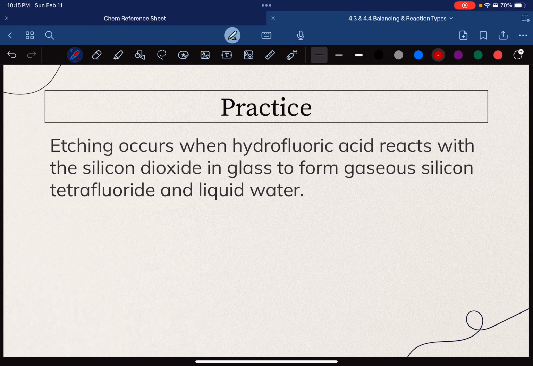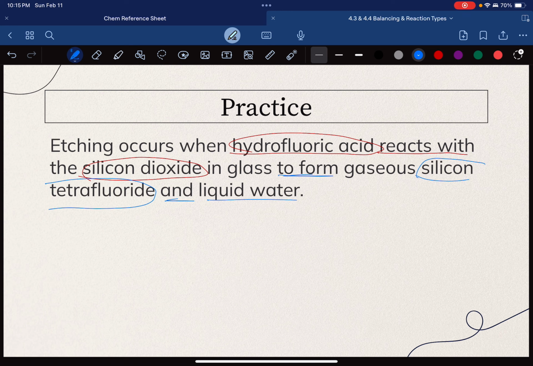Etching occurs when hydrofluoric acid reacts with the silicon dioxide in glass to form gaseous silicon tetrafluoride and liquid water. So I have hydrofluoric acid, and remember acids are aqueous, and I have silicon dioxide.